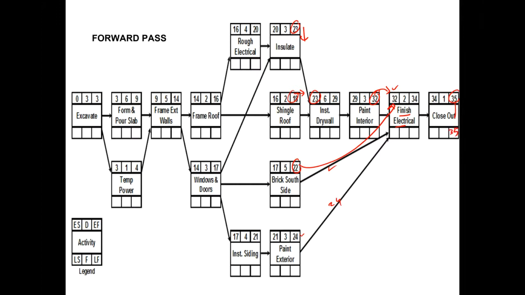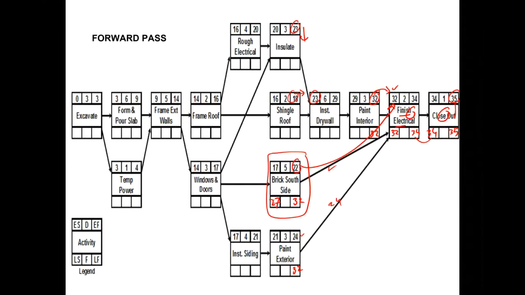So this 35 is the overall duration of your project, and then we do the reverse. 35 take away 1 would give you 34, then this 34 will be carried here, and 34 take away 2 is 32, and this 32 will be carried to all the previous connections, and then 32 take away 5 would give you an answer of 27, which is clearly telling you this is not a critical activity, it is a non-critical activity. Whereas 35 take away 35 is 0 float, it's a critical activity.